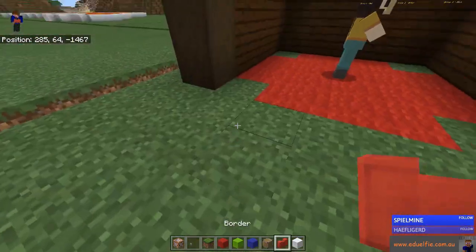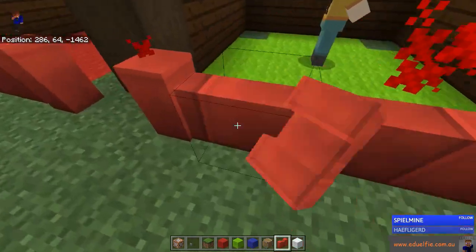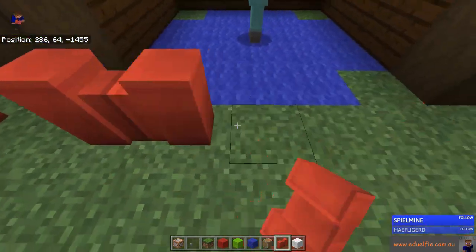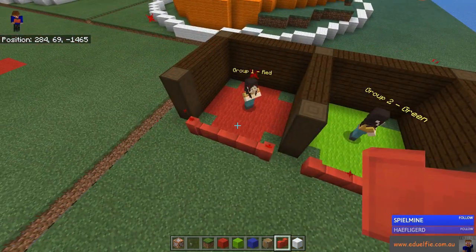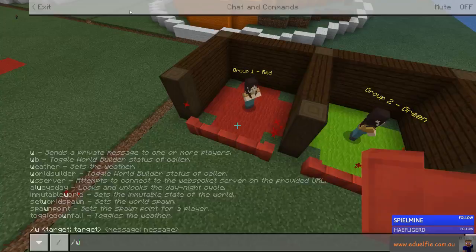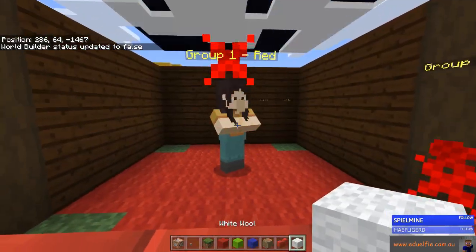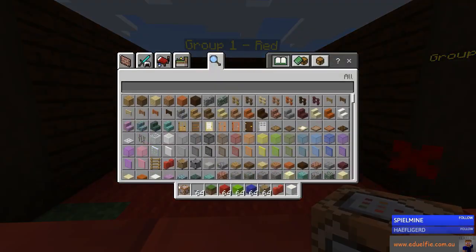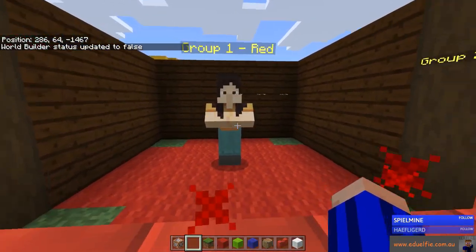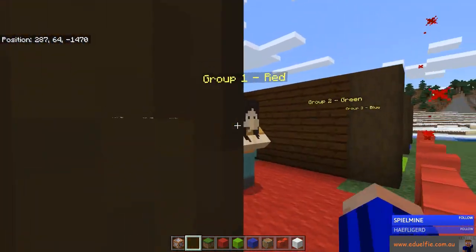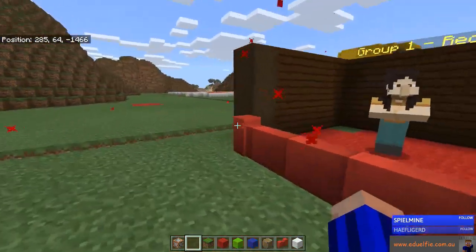Because I found this out the other day. This is really neat. If you don't have World Builder, you can actually, even with an empty hand, so if I get an empty hand, I can't even interact over these, which is really cool.